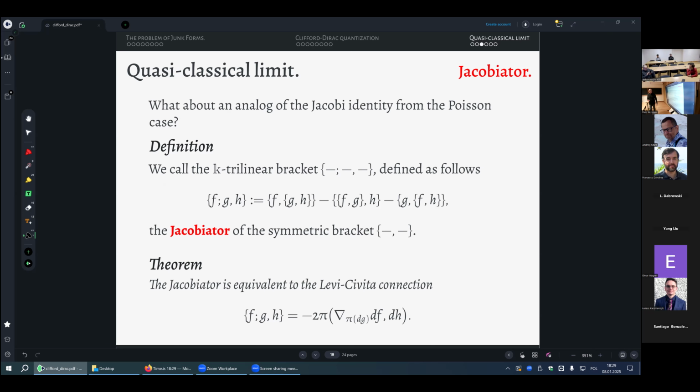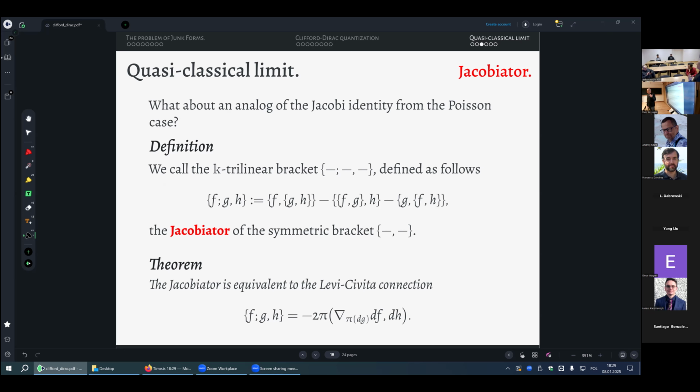The Jacobiator vanishing means that this element of this algebra, through these brackets, acts as a derivation of the bracket itself. So let's try to take this as the definition of the Jacobiator.